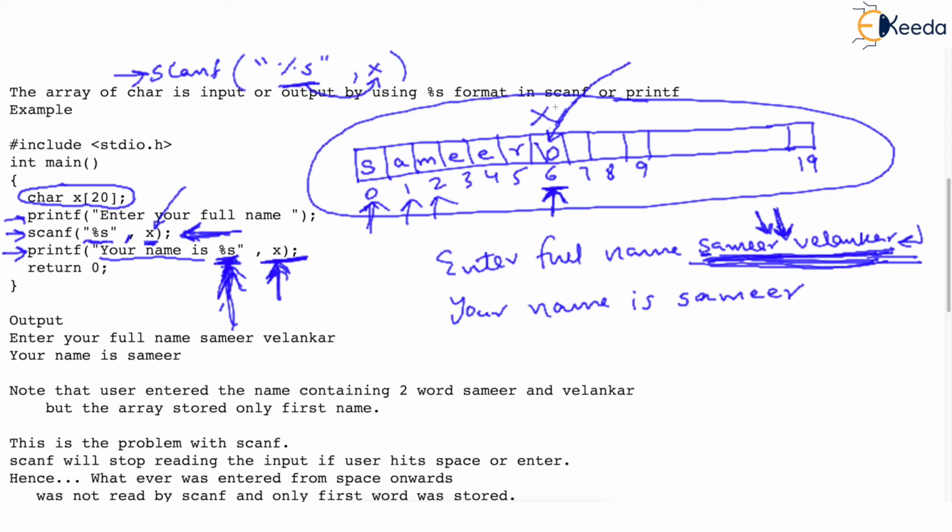Because while printing the name, it should know that nothing has been stored in these cells which I am ticking. Or rather, garbage value has been stored in these cells because they have not been used. So how will printf get an indication that the name ends? It gets the indication by looking at \0.